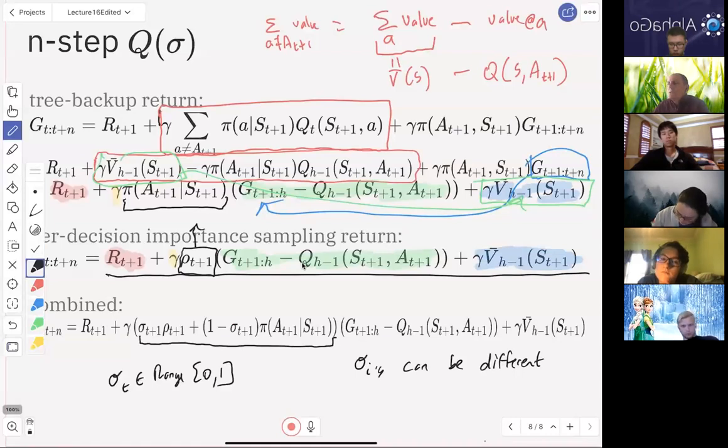Why don't we use tree backup all the time? There's a couple of reasons we don't. Opening up to anyone, can anyone give me a reason why the tree backup would be expensive or difficult to compute?